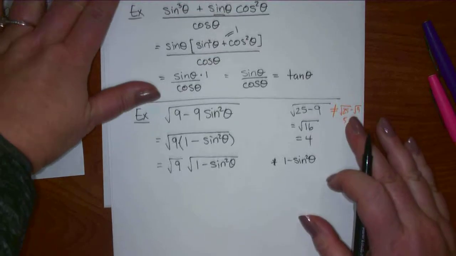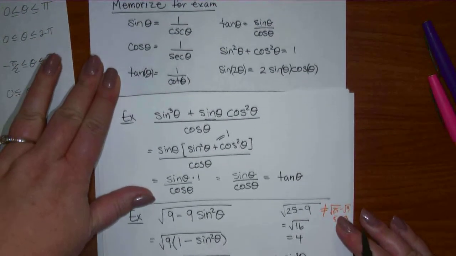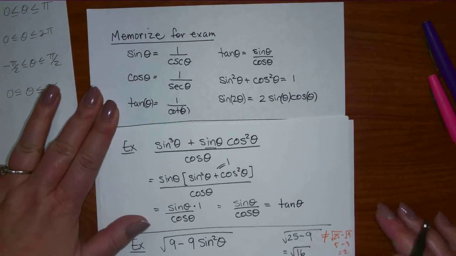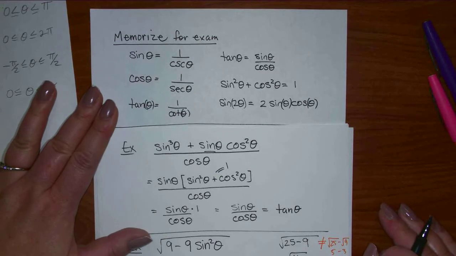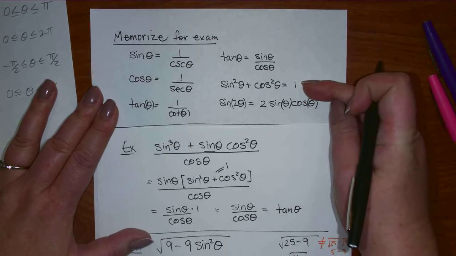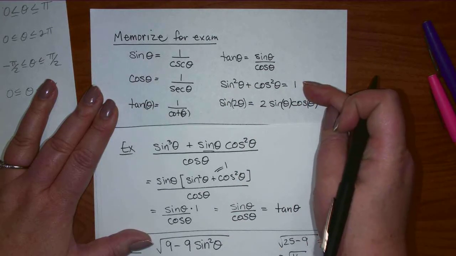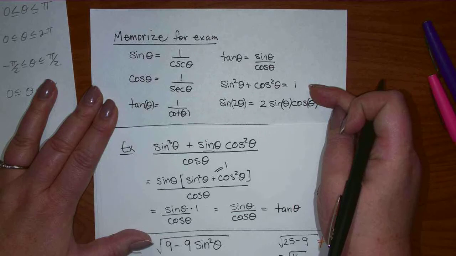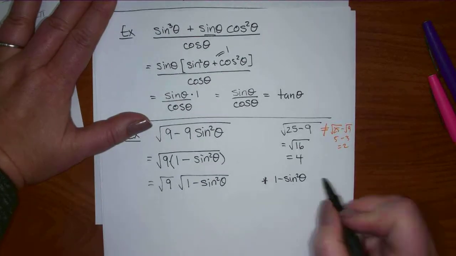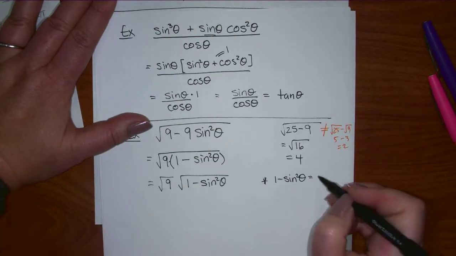So let's look at the identities. Which one has a 1 and a sine squared in it? Right here? If I move the sine squared over to the side with the 1, don't I get 1 minus sine squared? Which is what we wanted. So this is actually an identity.